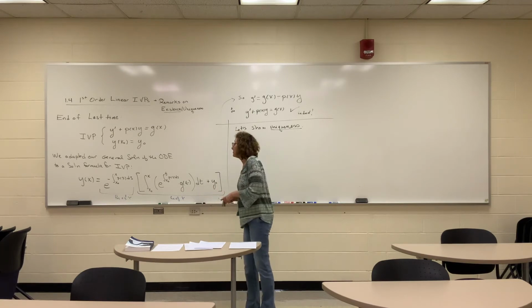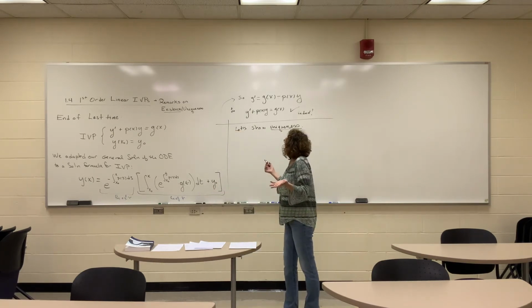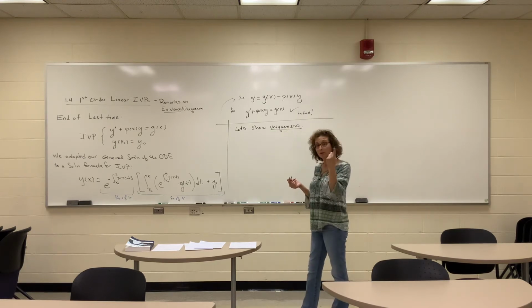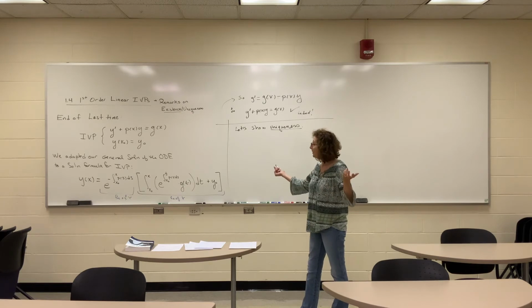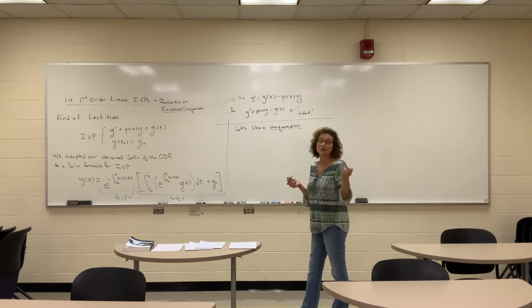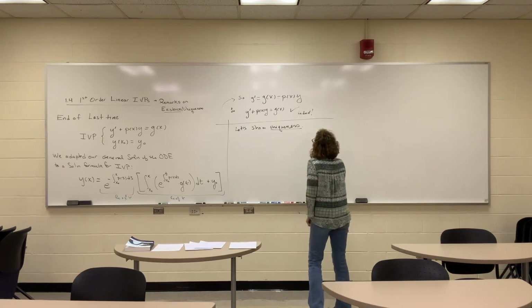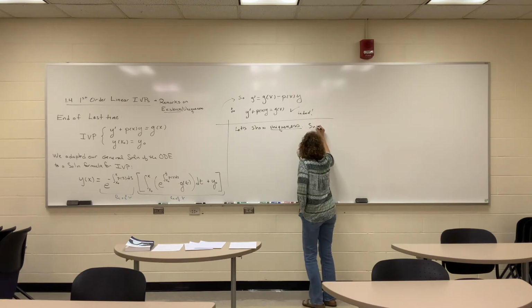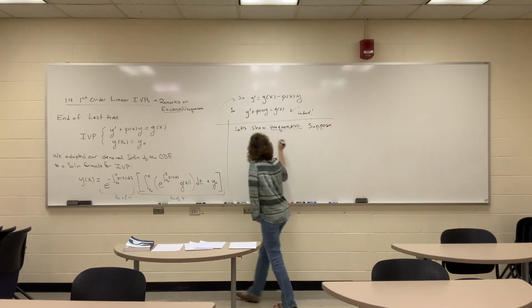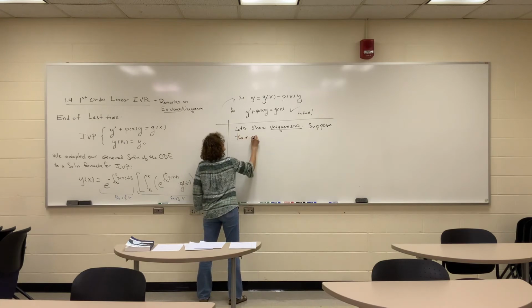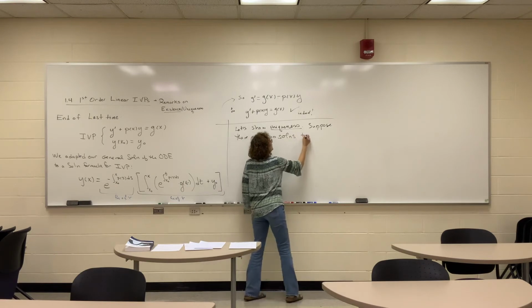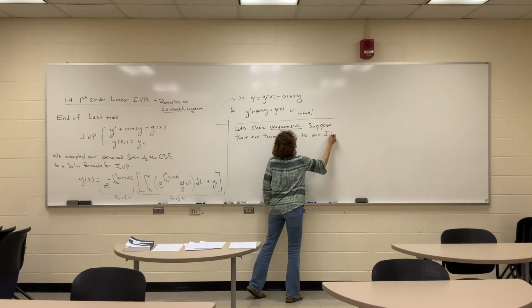Well, when you want to know if something's unique, what we generally do is suppose there's two, right? So what does unique mean? There's only one, okay? We already have one, we now want one and only one. You suppose there's two, and then you try to show they're the same, right? That they would have to be the same, okay? So what's the simplest way to do that? We say, suppose there are two solutions to our initial value problem.